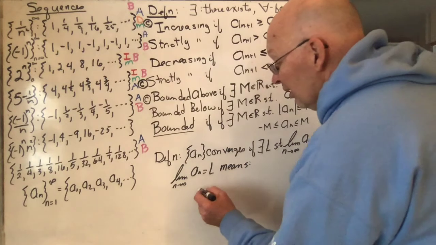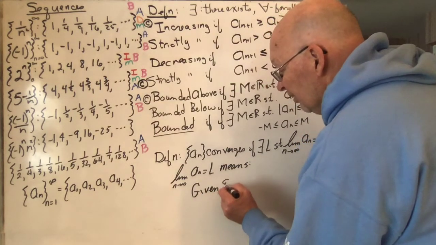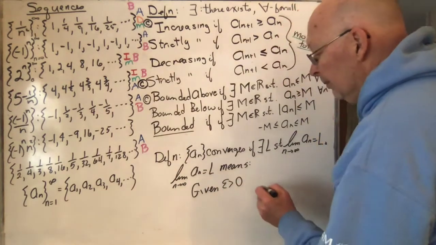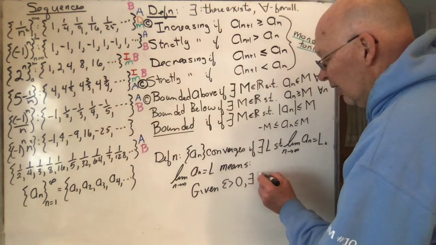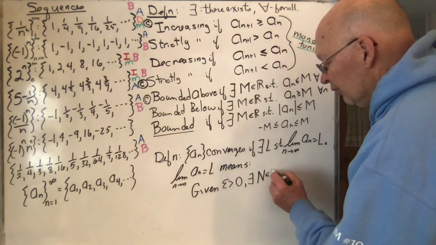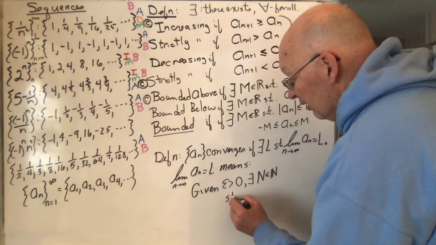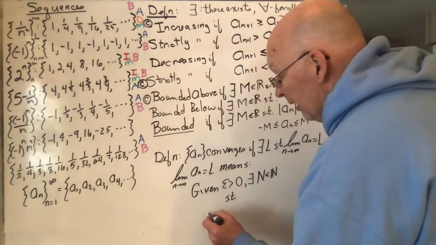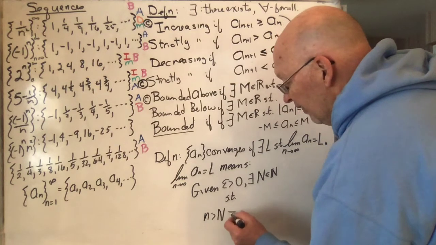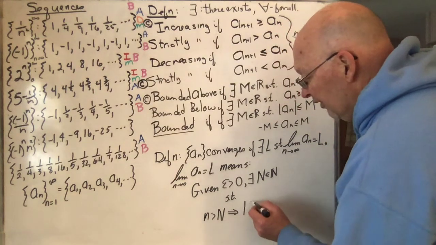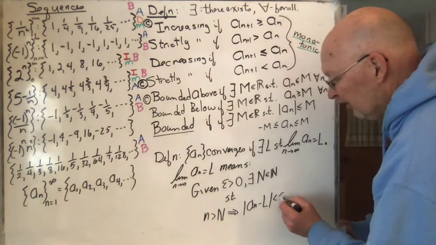Given epsilon greater than 0, there exists a capital N, which is a natural number, such that if n is greater than capital N, that implies that the distance between a sub n and L is less than epsilon.